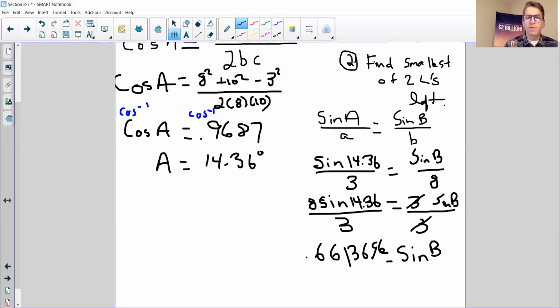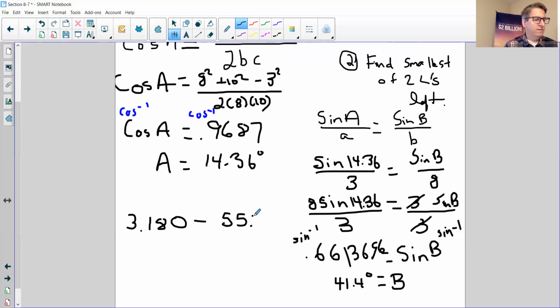That puts the angle B, if you take the inverse sine of each side, at 41 degrees is equal to B. So we have A, 14.36, B, 41.4, and by adding these two together, A and B, and subtracting from 180, you have 180 minus 55.76.